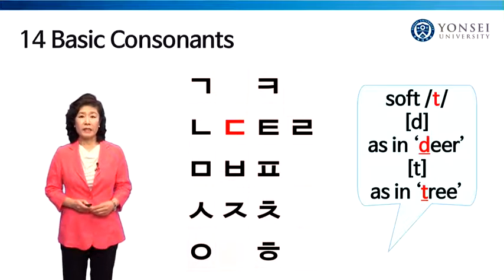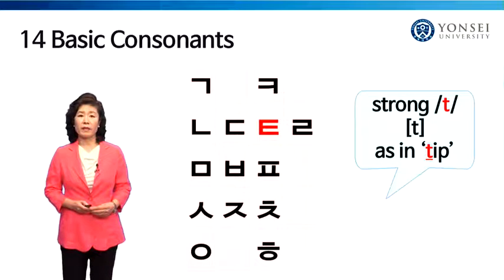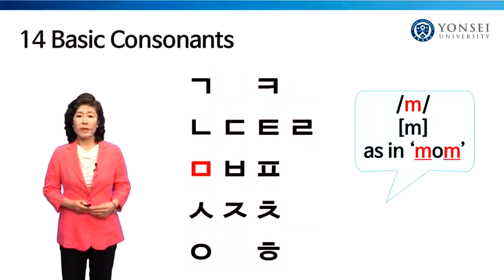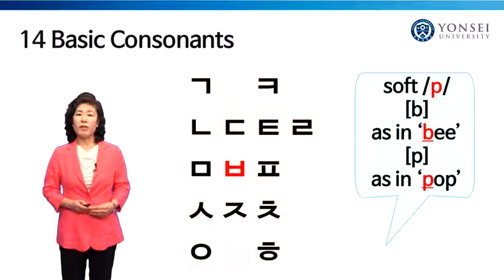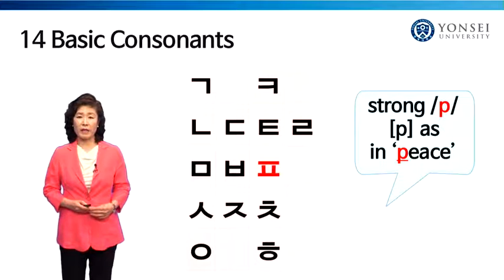And Digut has the soft T sound somewhere in the middle of T sound and the D sound. Tiut is a strong T sound. Mium has the English M sound, and Biup has a soft P sound in between a P sound and a B sound. Piup is a strong P sound.